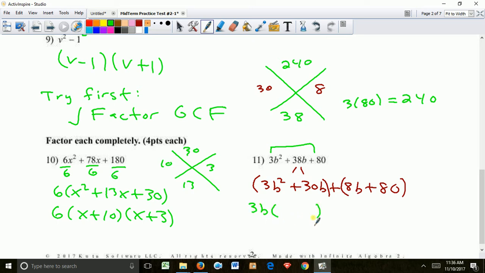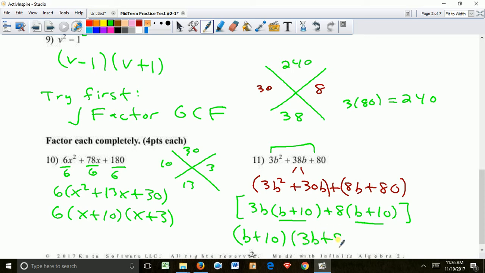We now get b plus 10, and then we can factor out 8 from the other quantity, and get 8 times the quantity of b plus 10. Those are the same binomial linear factor, b plus 10. You can factor those out and get b plus 10, a quantity times a quantity of 3b plus 8.